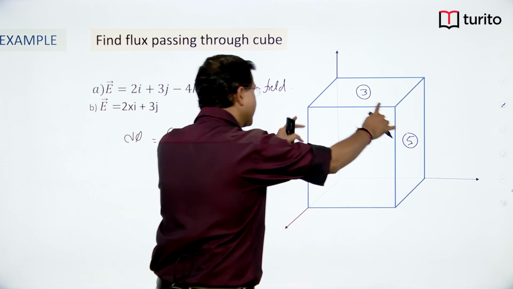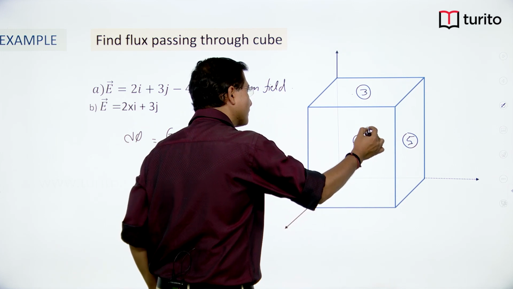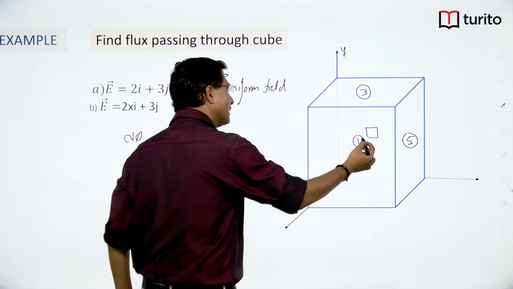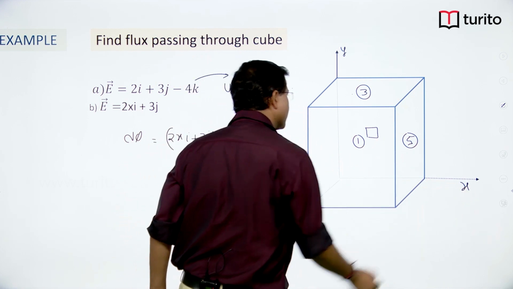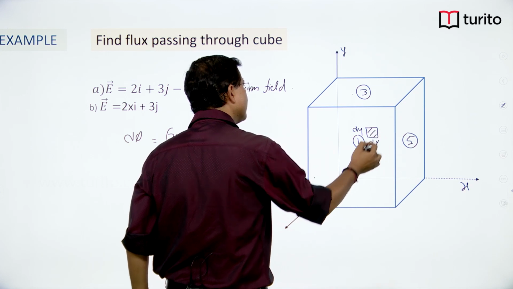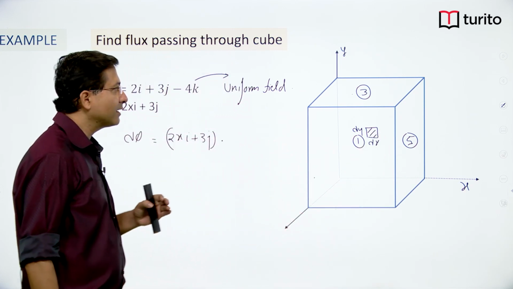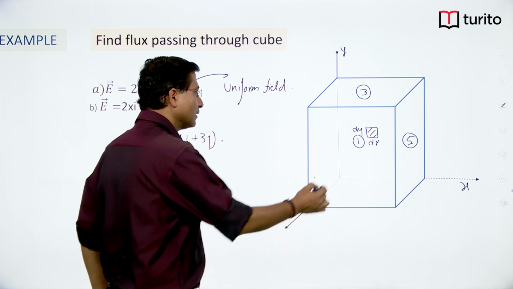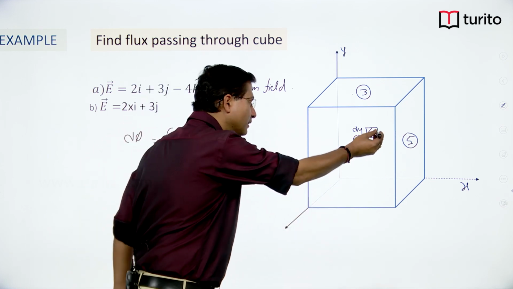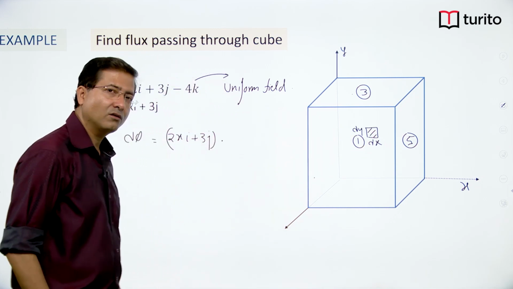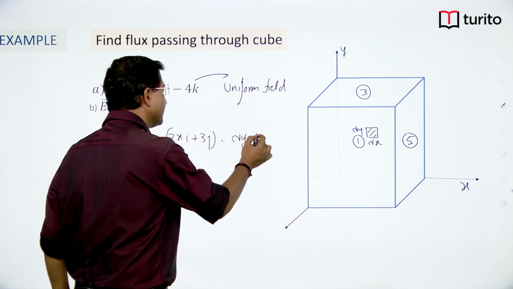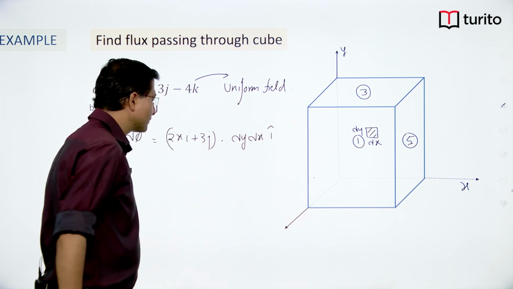On this surface if I take a small element, this is the y direction and this is the x direction, this is dy and this is dx, this area will be magnitude wise dy into dx, and as we considered outward positive, this will be the direction of the area vector. So, I can write dy into dx i cap.